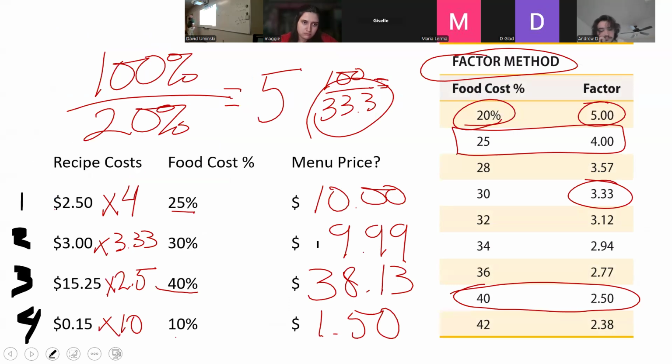We could, but there's actually psychology behind menu pricing. And I'm a perfect example of this. If I saw that, I'd be like, oh, that's only $9. I know that 99 cents is 1 penny away from $1, but psychologically, I see 9 as my first number, and I'm like, oh, that's only $9.